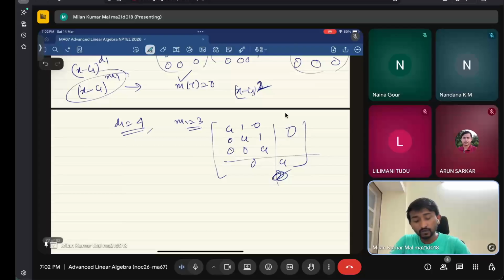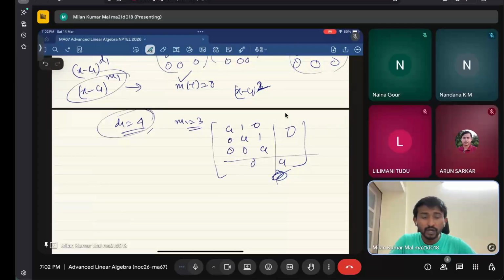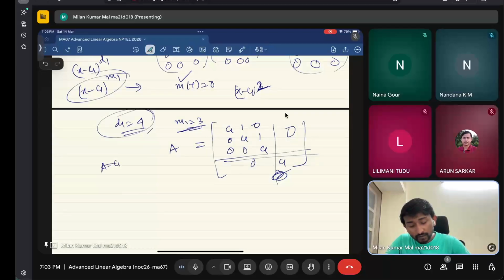That is the algebraic multiplicity d1, the number of times the eigenvalue appears. And m1 is 3. So for this matrix, A minus c1 times the identity, whole to the power 3, is 0. But A minus c1 to the power 2 is not equal to 0.